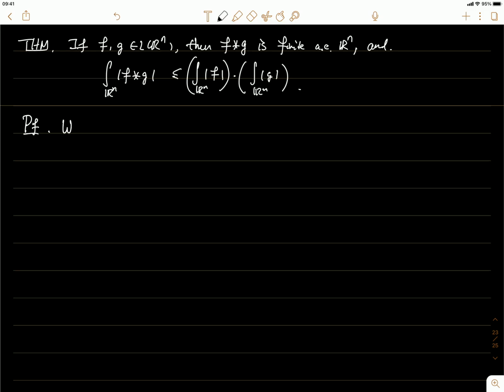So we first consider the case where f and g are both non-negative functions. Then we can check the integral of the convolution of f and g at x, dx.